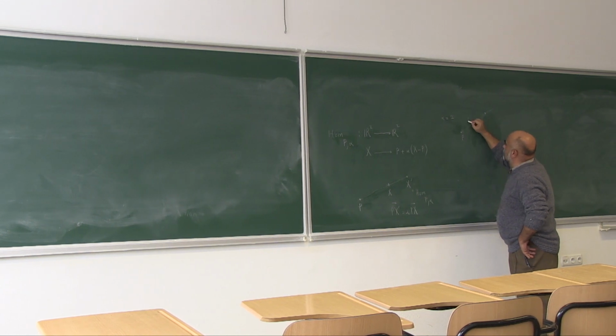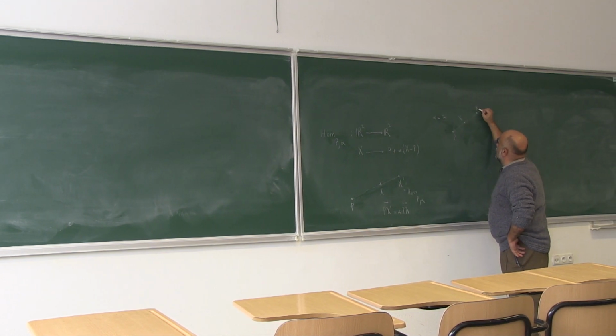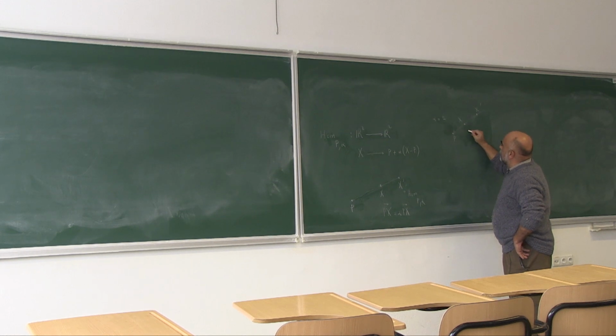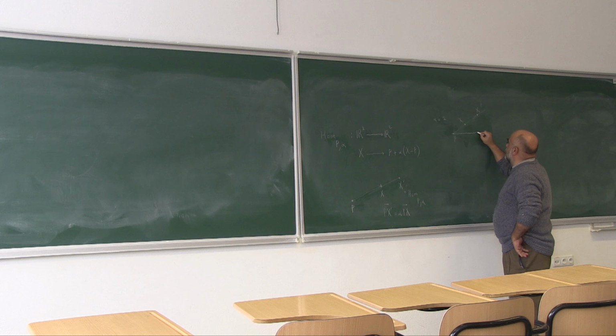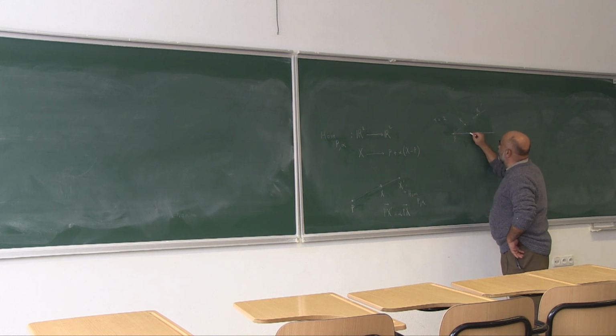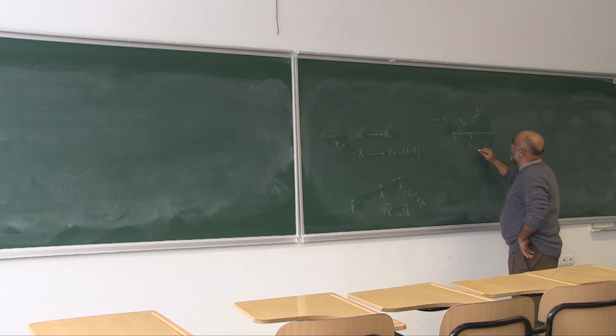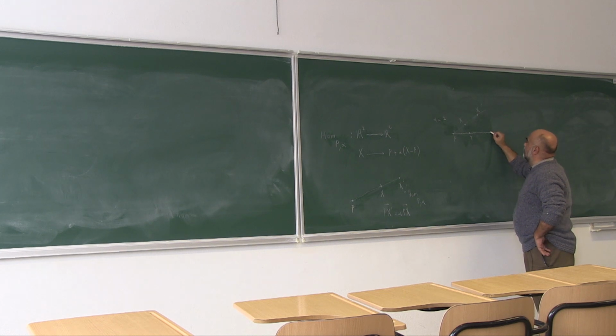So let's pick up another point, to obtain a mental picture of what's going on. If you take another point Y like this, that will be mapped into Y prime.